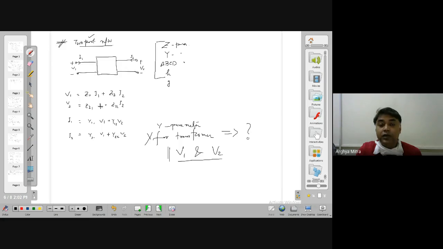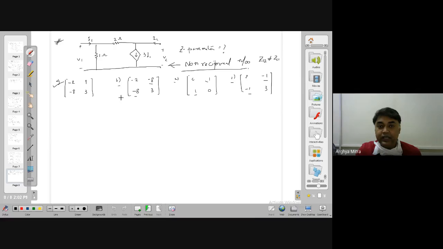Then you put I1 equal to 0, which means you keep the input port open circuited. Then you get Z12 and Z22. Z12 is V1 by I2 and Z22 is V2 by I2. I'm not solving it, because I know this condition, so my answer will be this. Okay, fine.